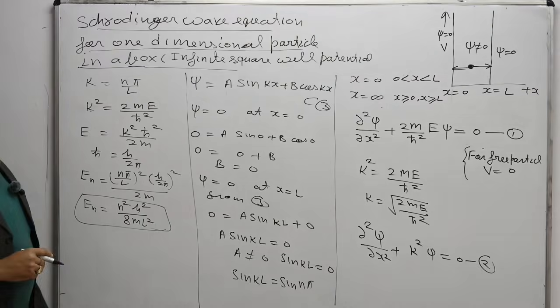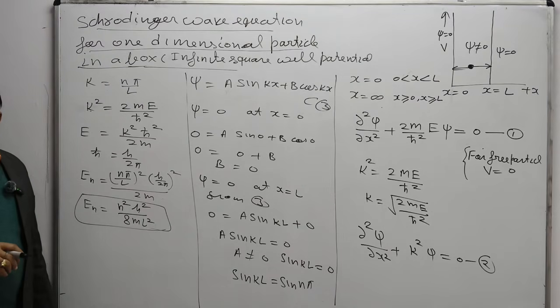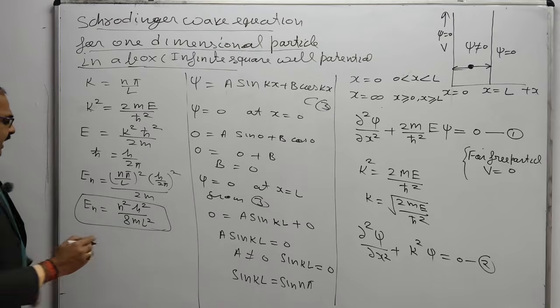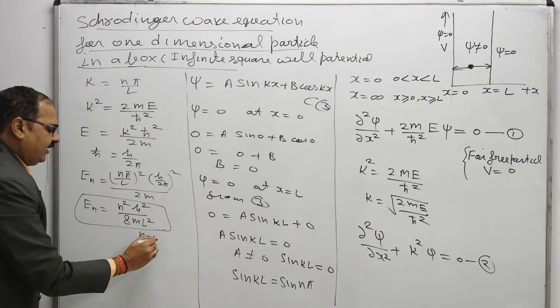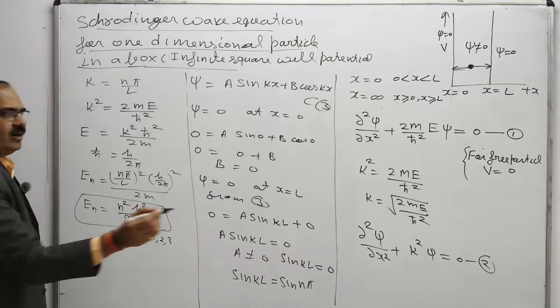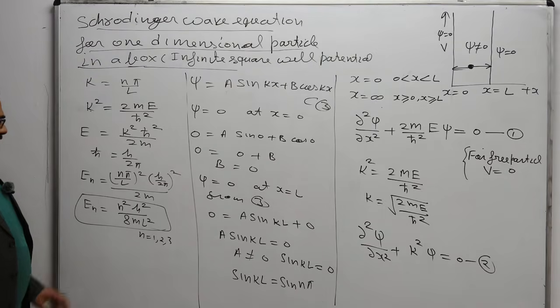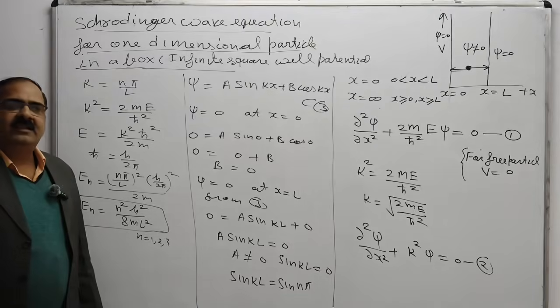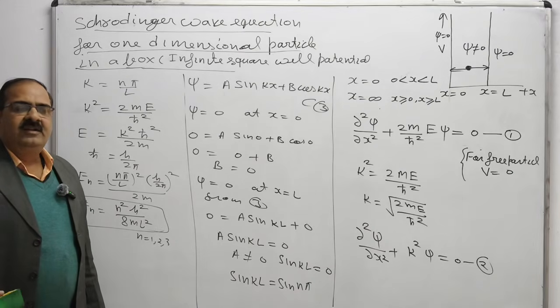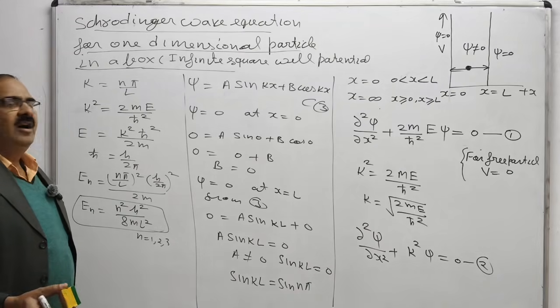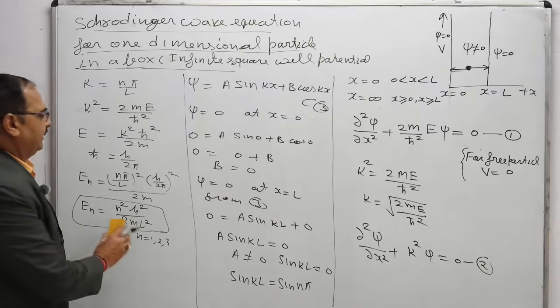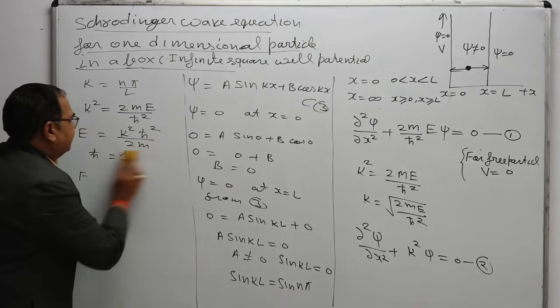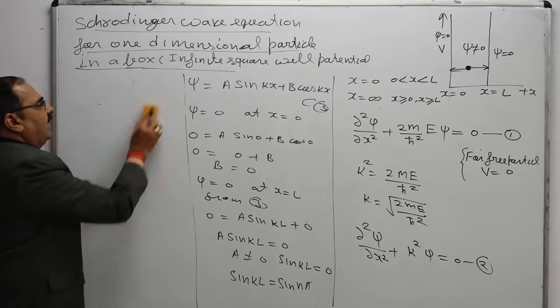These are the energy eigenvalues in the different energy levels, where n is equal to 1, 2, 3 and so on. Then after that we find the normalization form of these equations.